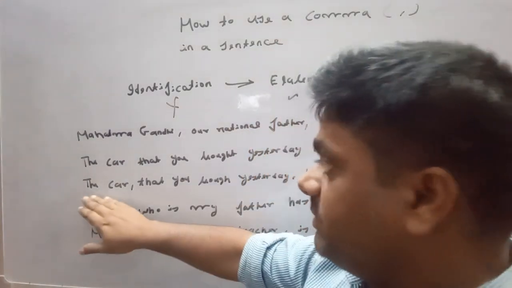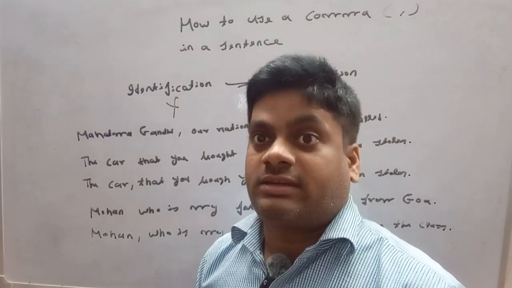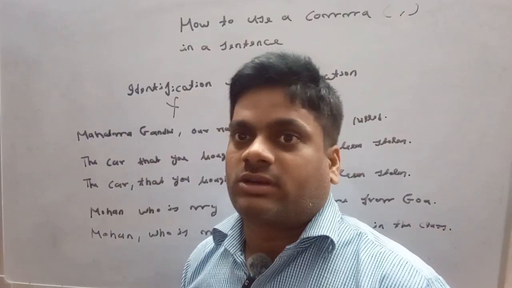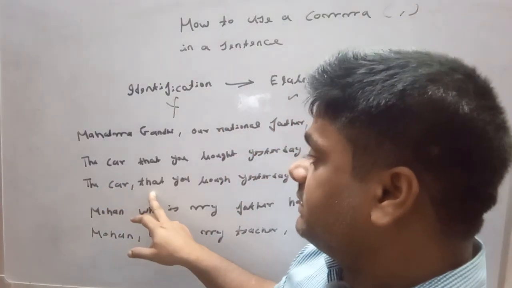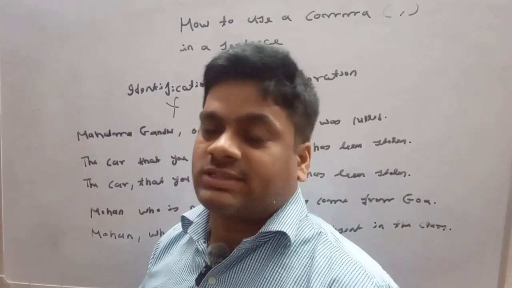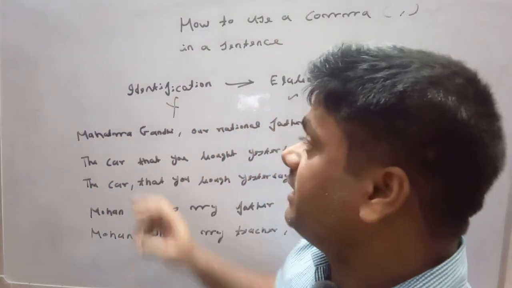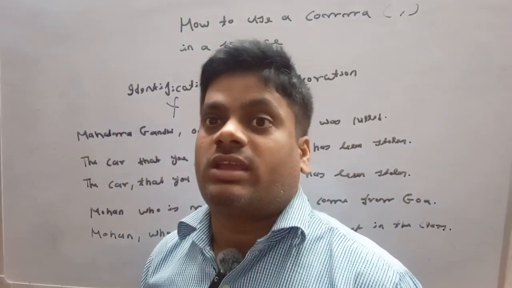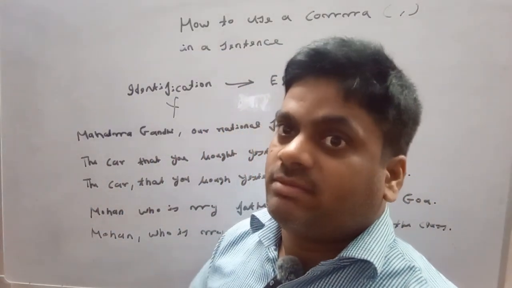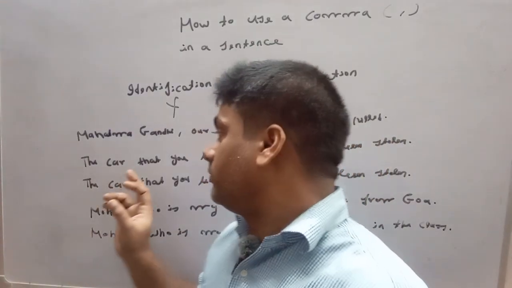The meaning of the third sentence is that we have only one car that we bought yesterday, and that car has been stolen from the parking lot. So the third sentence is making an elaboration of our single car, but the second sentence is making the identification, because we have more than one car, and one has been stolen from the parking lot.